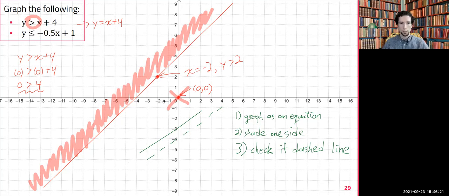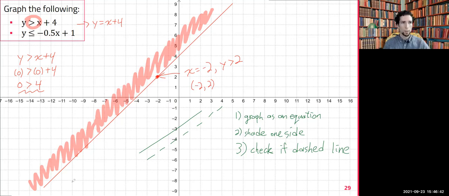That is not a solution to the inequality. y must be greater than 2. So thinking about that, we can say, okay, the point negative 2, 2, it's not actually in the inequality. So we will represent that with our dashed line.